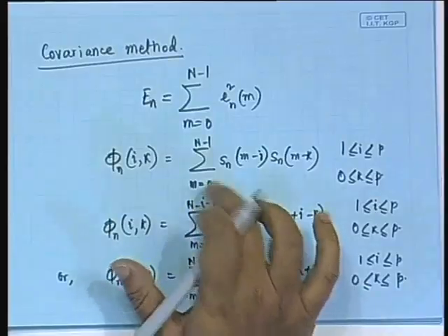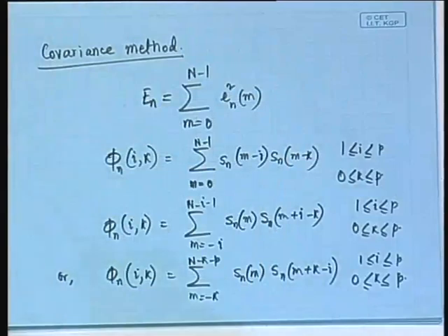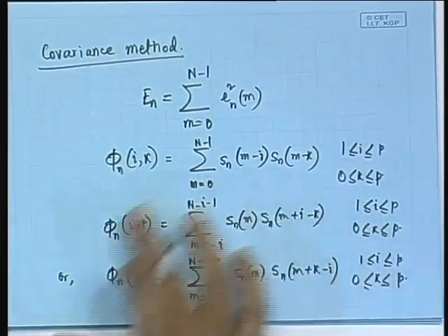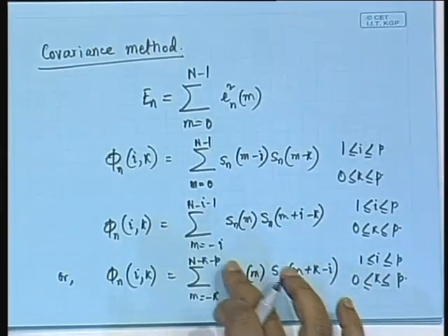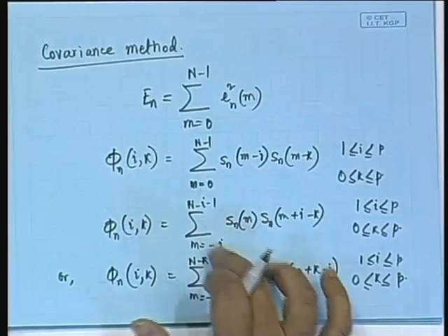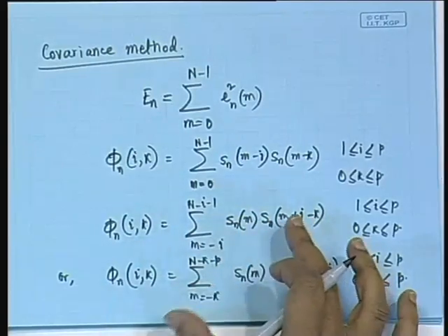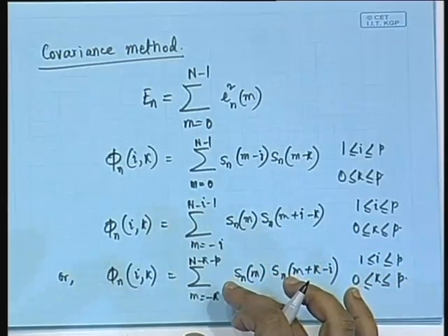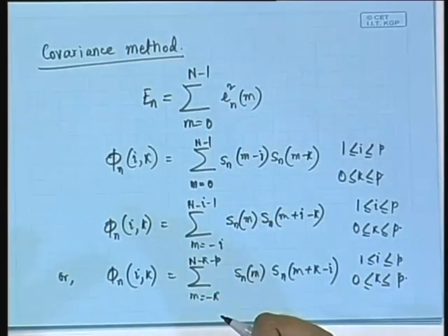Now, if we have to compute our phi n I k by this expression, where we want the limits of summation to go from 0 to n minus 1, then we cannot have the S n m values be zeros outside this interval.